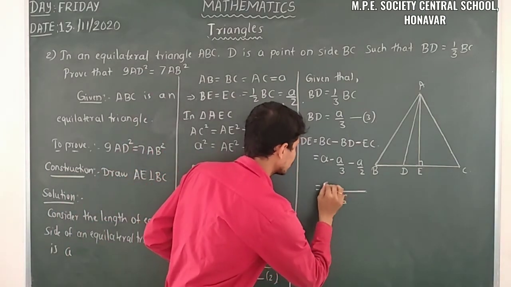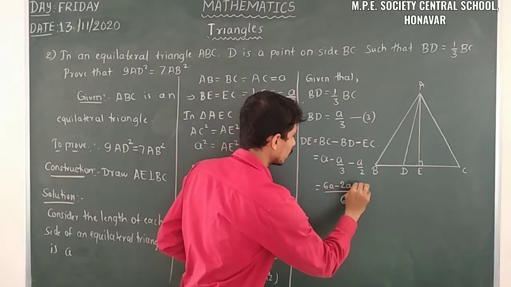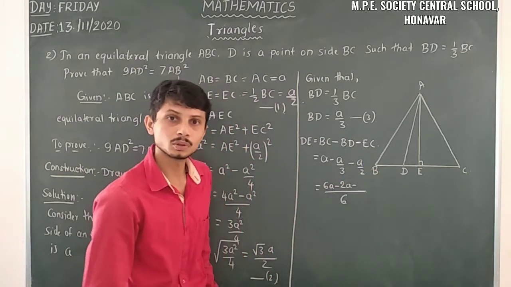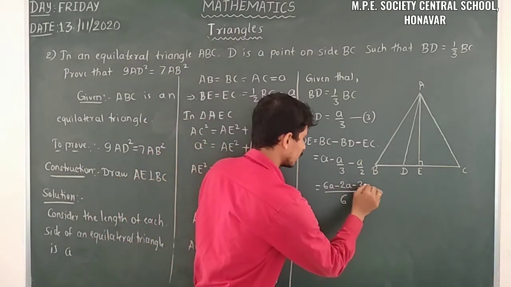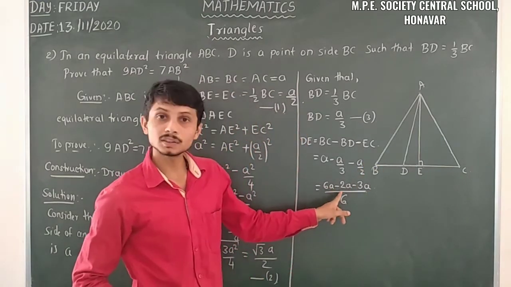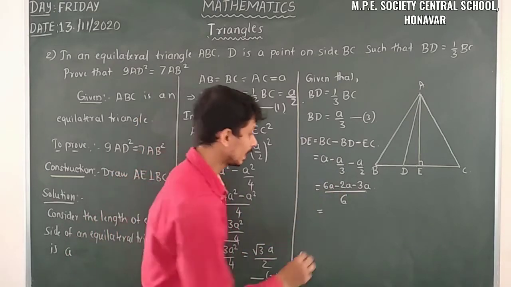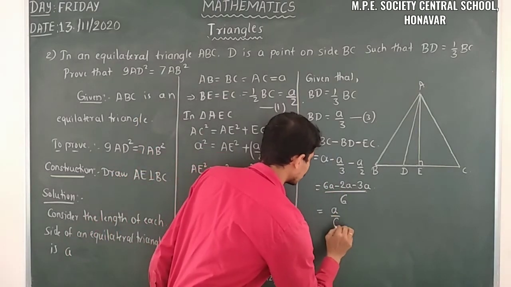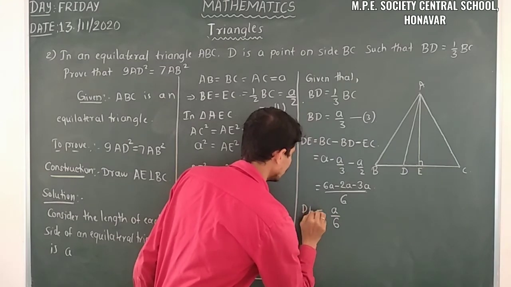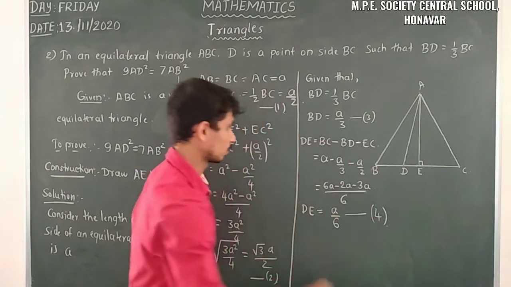That is 6A minus 2A minus 3A. Here 6A minus 2A is 4A, minus 3A is A by 6. That is DE is equal to A by 6. I take this as equation number 4.